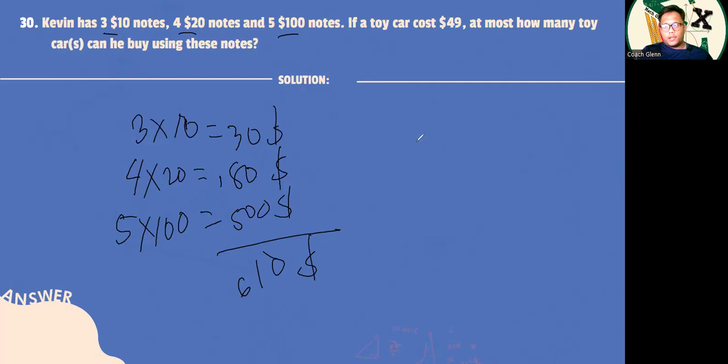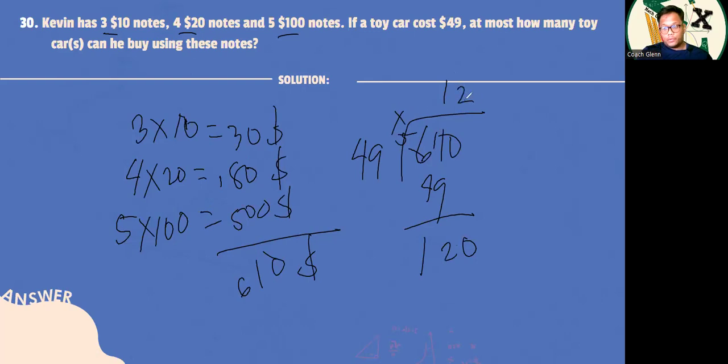Okay, so he has $610, and he wants to buy a car that costs $49. To find how many cars he can buy, we just need to do 610 divided by 49. So 61 divided by 49 is 1. 1 times 49 is 49. 61 minus 49 is 12. Bring down the 0, that's 120. So that should be 2. 2 times 49 is going to be 98.